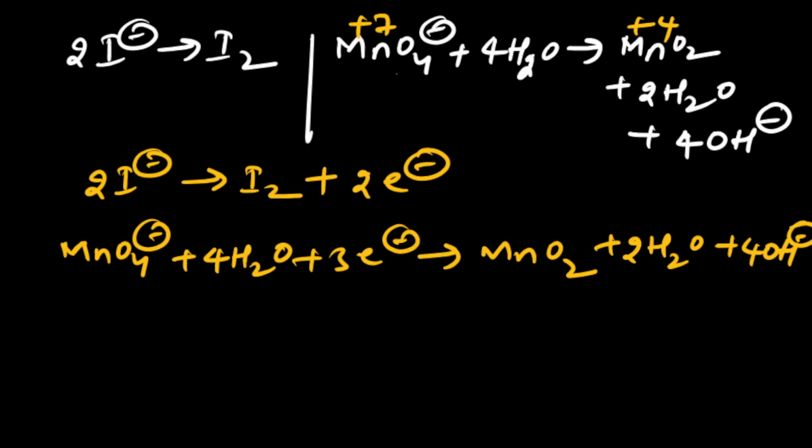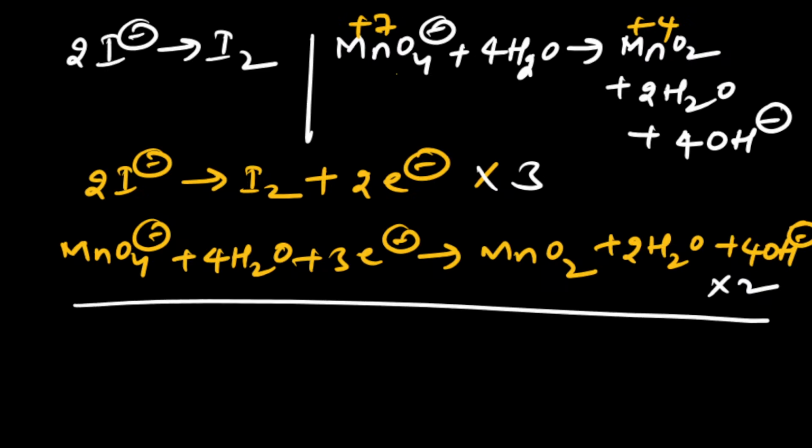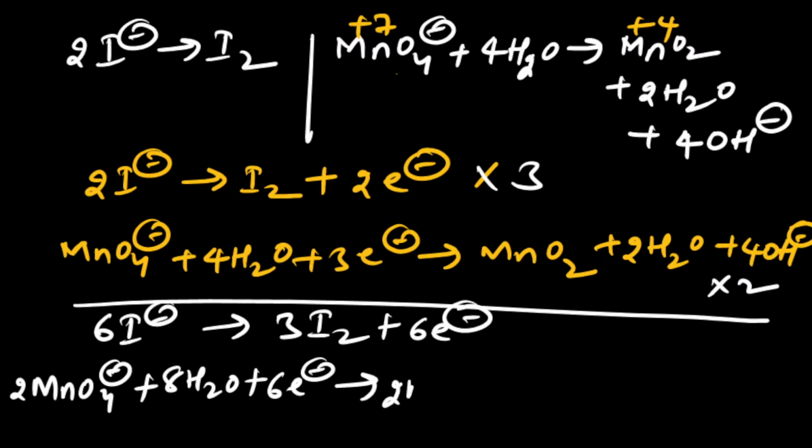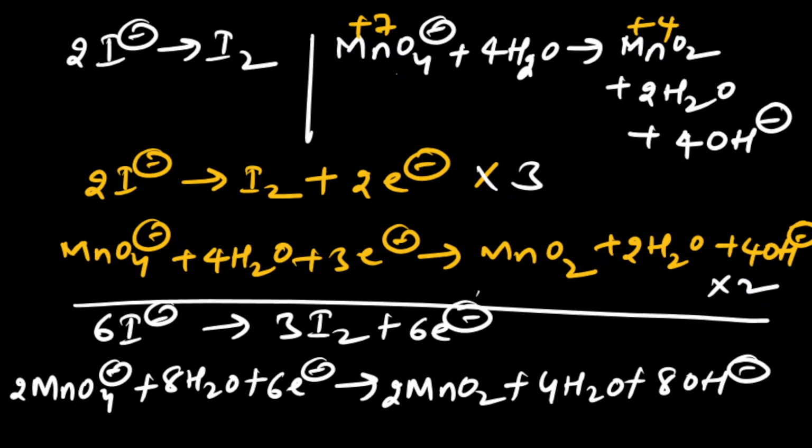So to balance the electrons, we have to multiply this with 3. This we have to multiply with 2. Then the entire reaction becomes 6I minus gives rise to 3I2 plus 6 electrons. Next, 2MnO4 minus plus 8H2O plus 6 electrons gives rise to 2MnO2 plus 4H2O plus 8OH minus. Now you can see the 6 electrons cancel. Done.